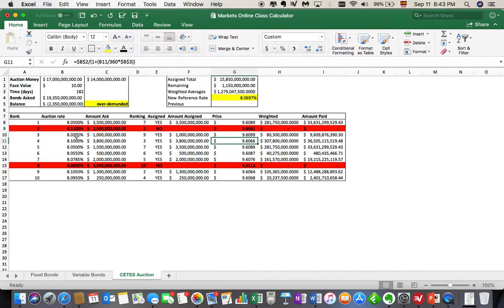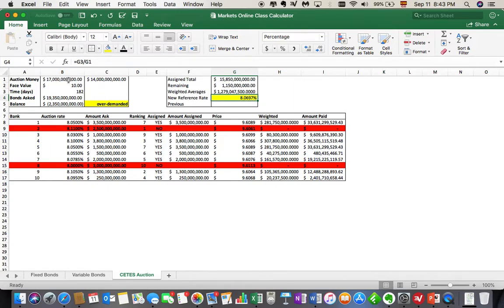Well, the lowest rate banks. If only the lowest rate banks would have received CETES, the new reference rate would be lower than this one. So the lower the amount of money Banxico auctions, the lower the new reference rate.